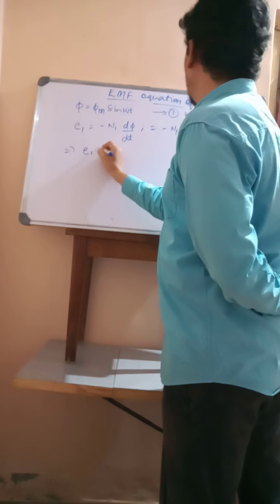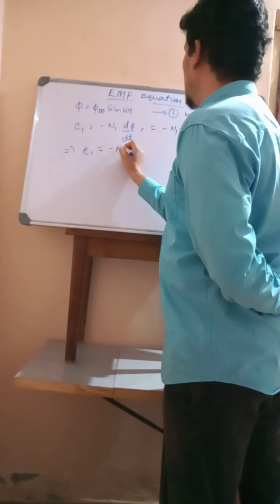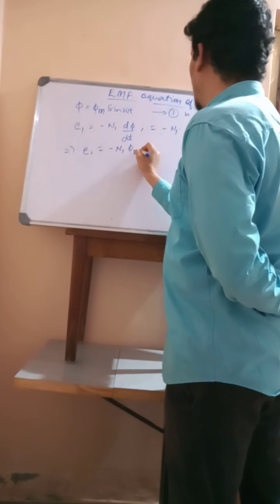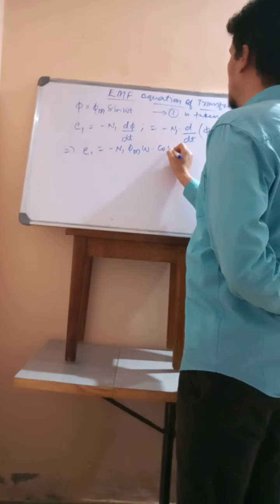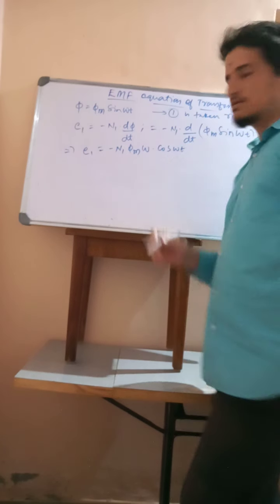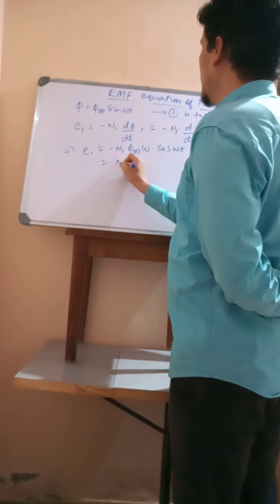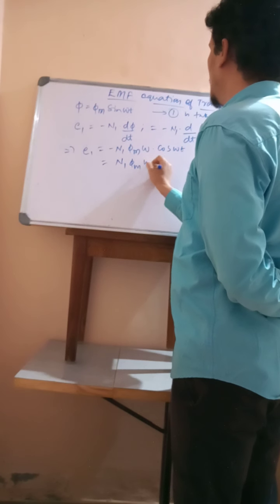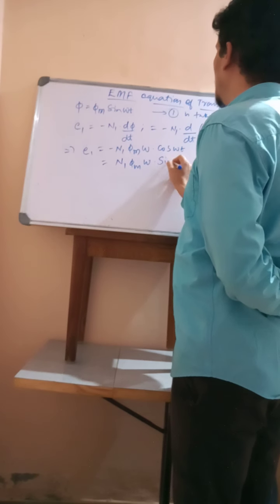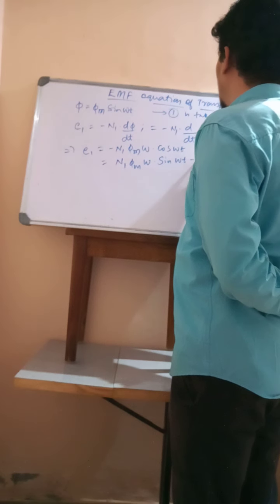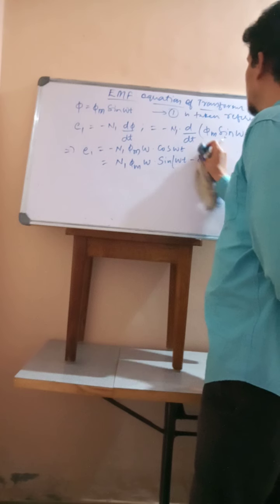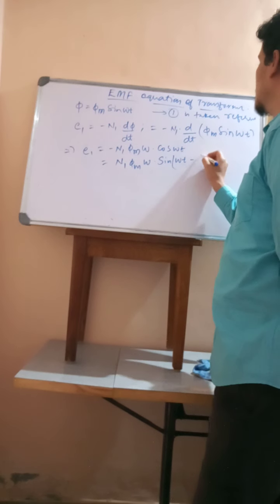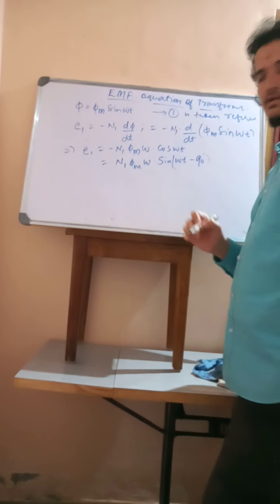Differentiating this, what will I get? e1 is equal to minus N1 into phi m into omega into cos omega t. Can I write like this? Yes. So now N1 into phi m into omega into sine of omega t minus 90 degree.